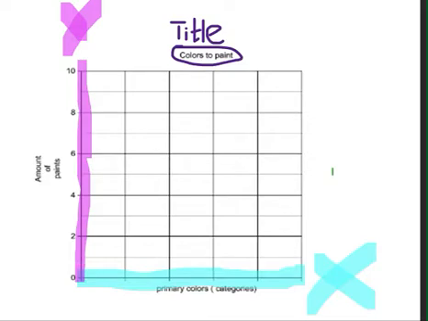Now, the colors that I had in the video were the primary colors. There was yellow. So I'm going to write yellow. I also had blue.